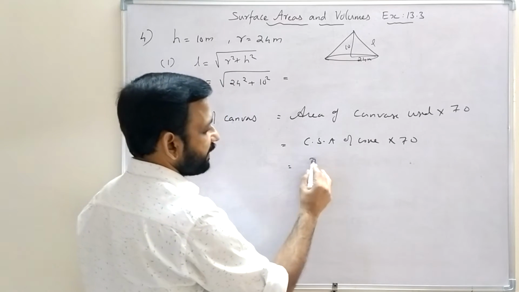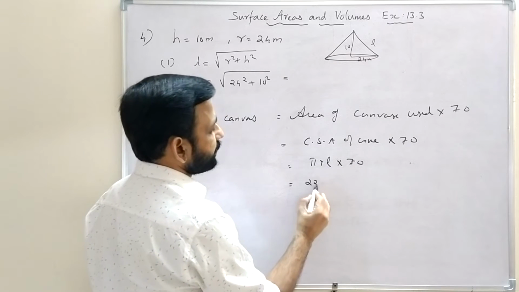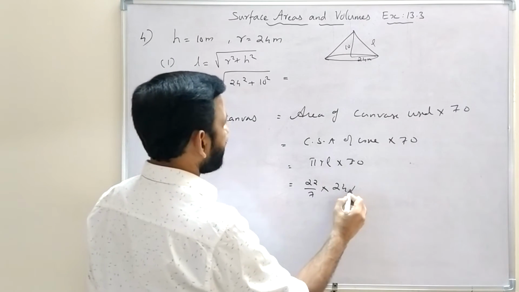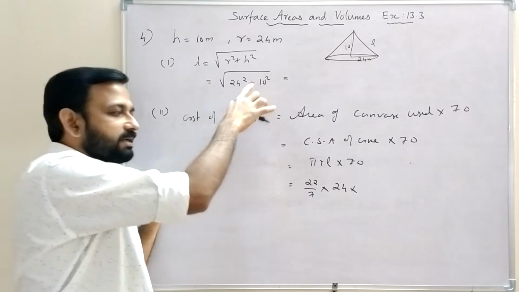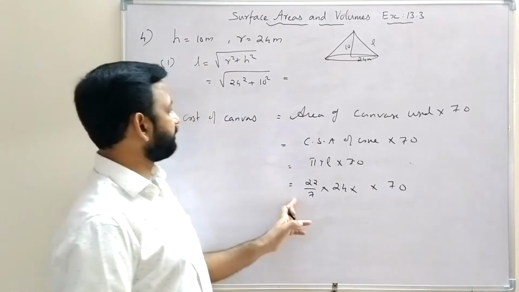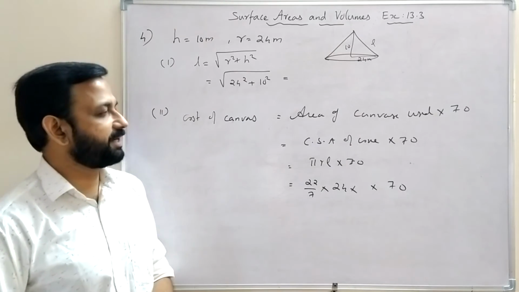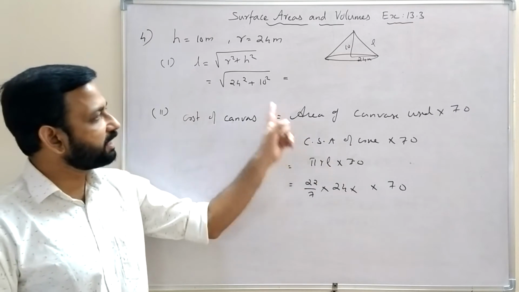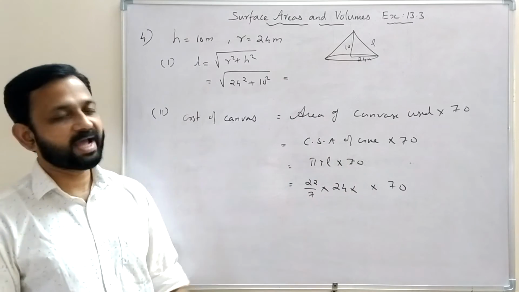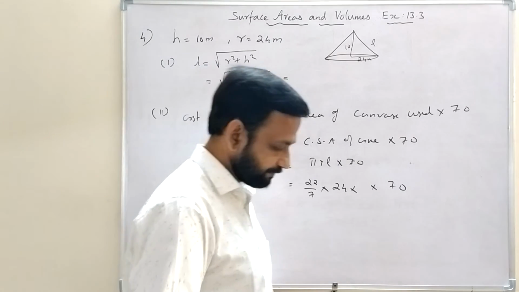CSA of cone formula is pi r L into 70, and here pi is 22 by 7, then radius 24, and the slant height we will calculate from here, then that slant height into 70. So when we simplify we will get the cost of canvas used to make that tent. So here pi r L. When we simplify we will get L, then just replace the value of L there, then we will get the cost of canvas.